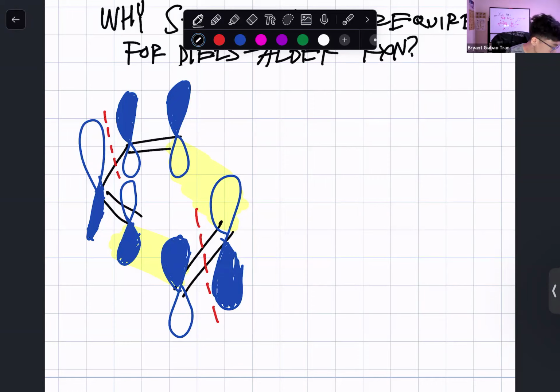But I'm trying to figure out what specific type of pericyclic reaction a Diels-Alder reaction is. What specific pericyclic reaction is Diels-Alder?